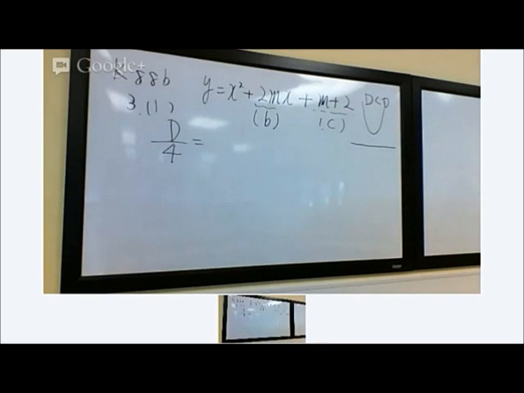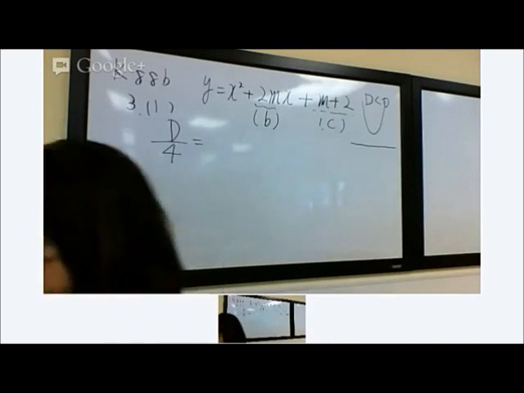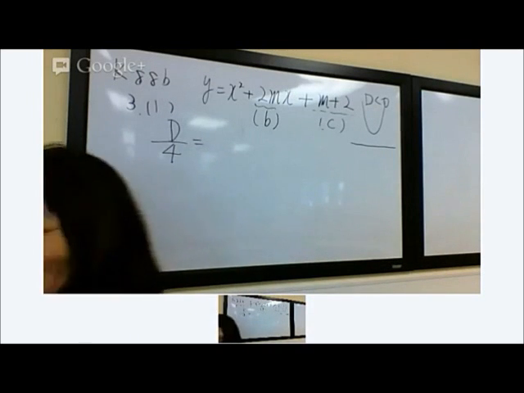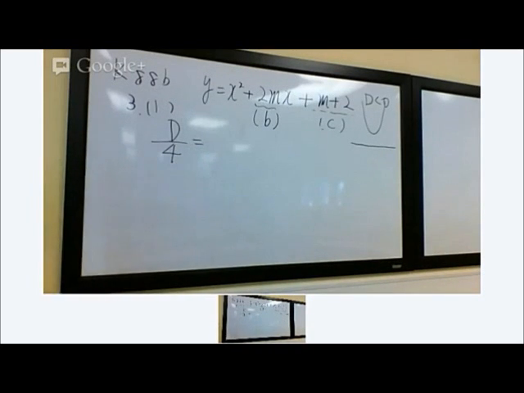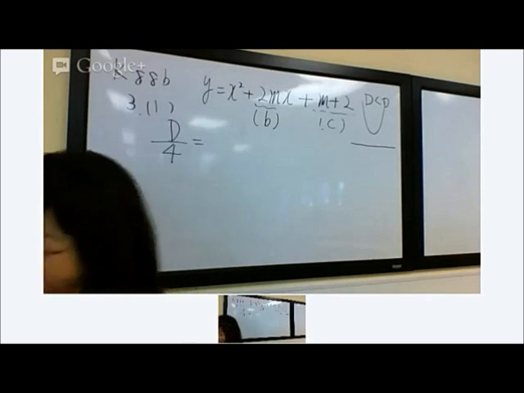My father told me, forget this, I don't like it either. Just use the old one, it's less confusing. We still use B squared minus 4AC, and then divide the final answer.